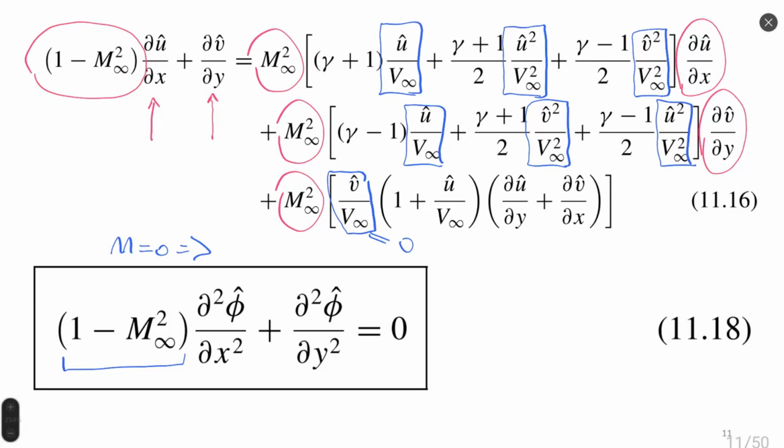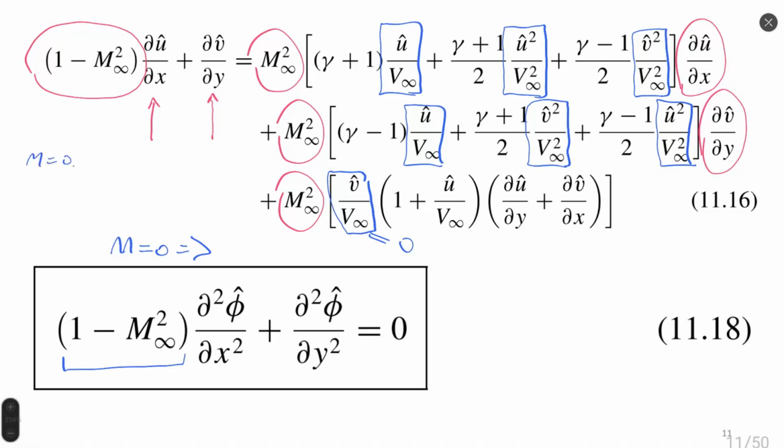It is the coefficient which is 1 minus M infinity square, and this is a constant for any particular task with constant flight velocity. Let's see how big this value could be. For example, our flight velocity is Mach 0.3, where compressible flow starts.